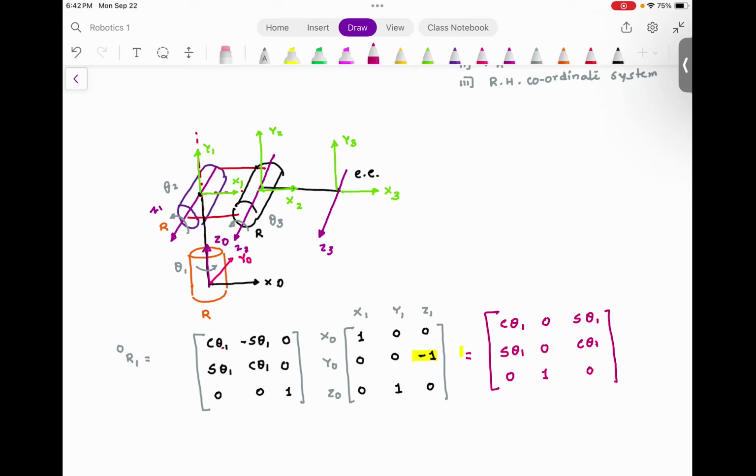Yeah, you're right. Second row, third column should be minus cos theta. You're absolutely correct. Everyone understood this?